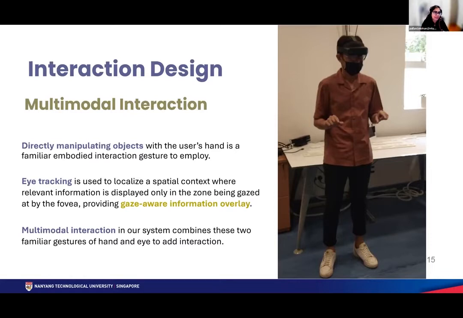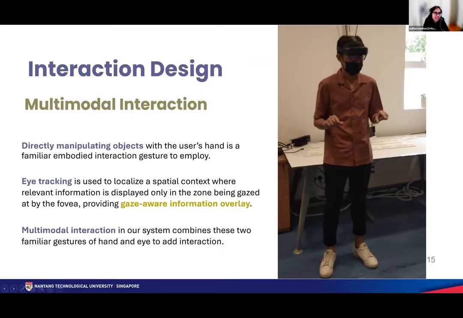We don't want that coming in between controllers' day-to-day operations. So directly manipulating objects with a user's hand is a familiar embodied interaction gesture in most mobile devices and wearable devices today. And moreover, controllers are already very familiar with interacting with ATC systems by hand-based inputs.